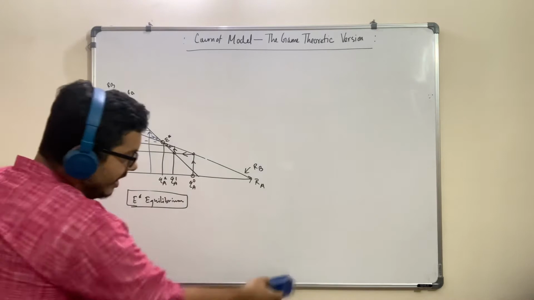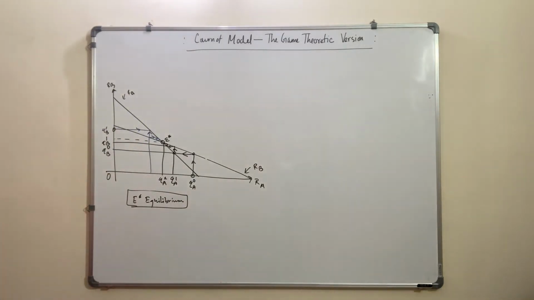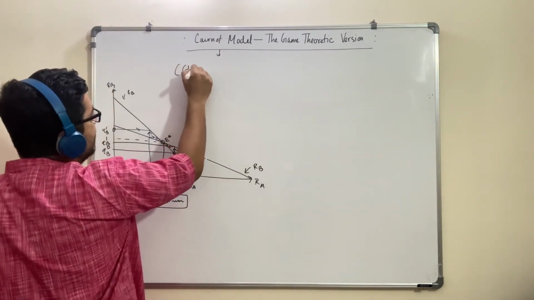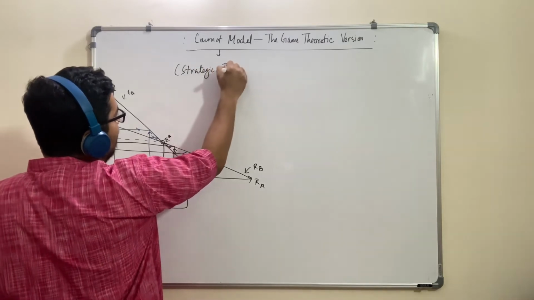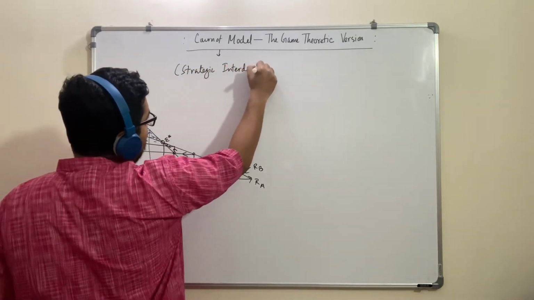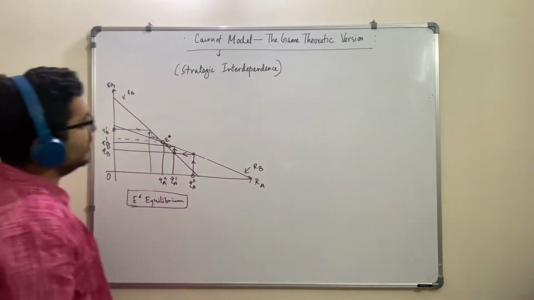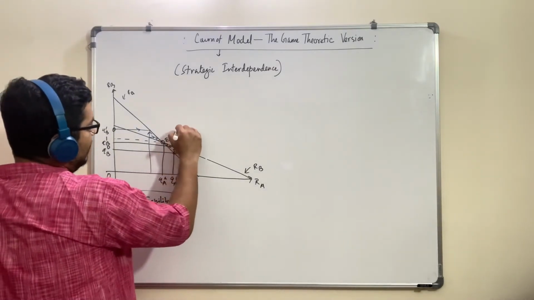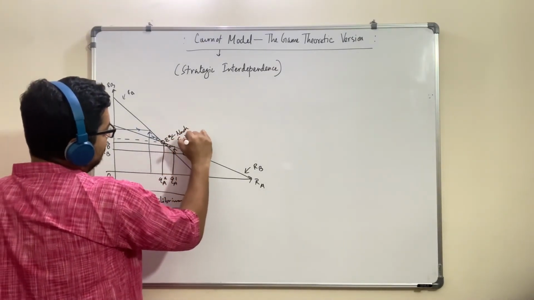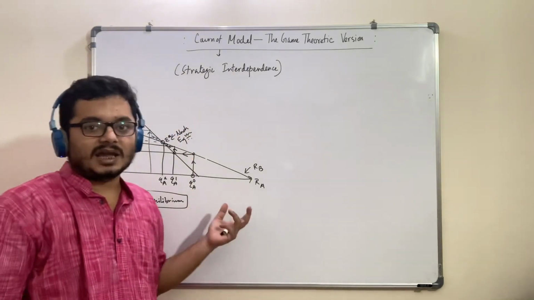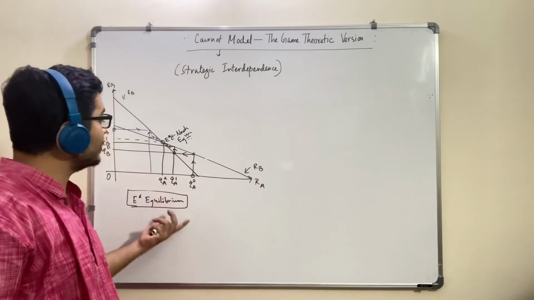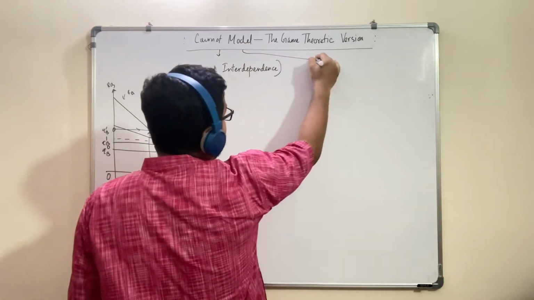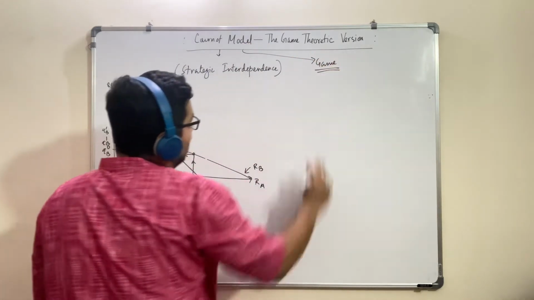Now that we are convinced that this model involves strategic interdependence, and we are using game theory, we are using the idea of Nash equilibrium. We must first categorize what kind of game we are dealing with. So this model is definitely a game. Our question is what kind of game it is.